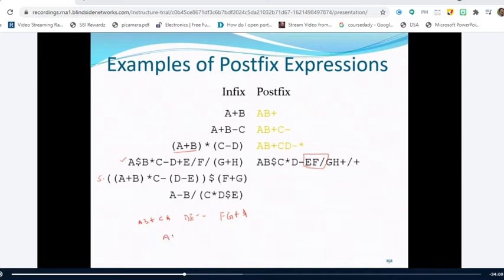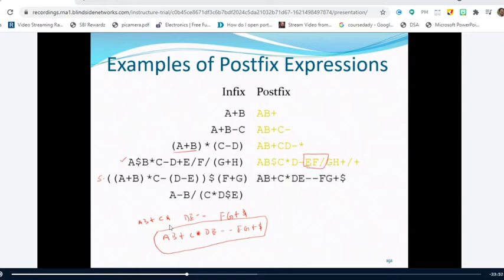It is AB plus C star DE minus FG plus. I got this answer. Anybody please respond whether you got the correct answer. Okay, AB plus C star DE minus FG plus.